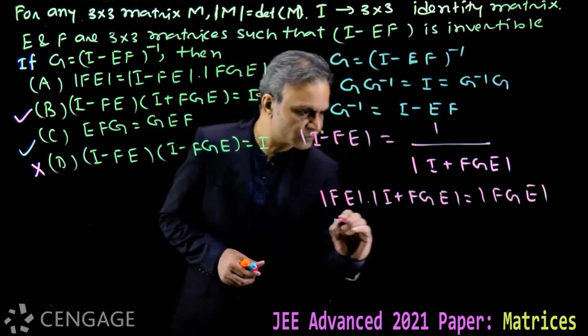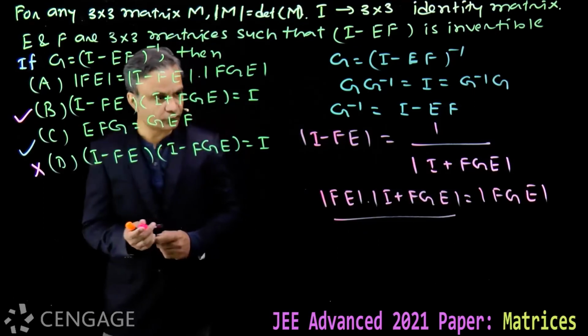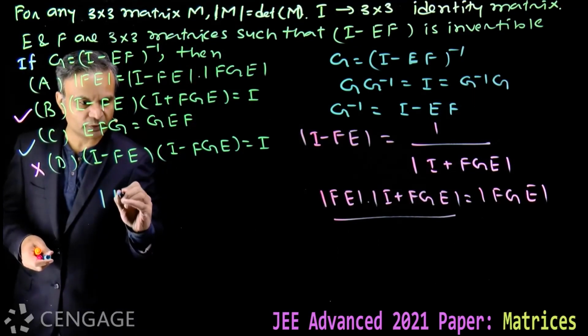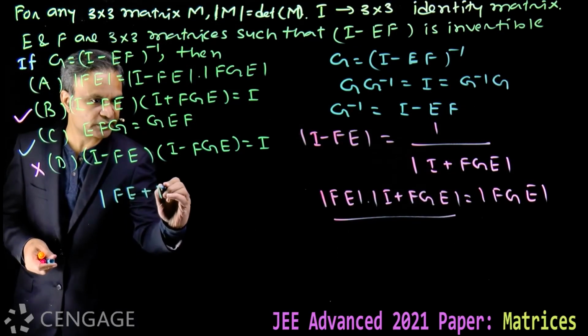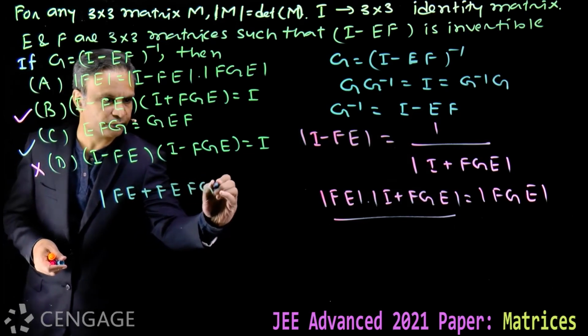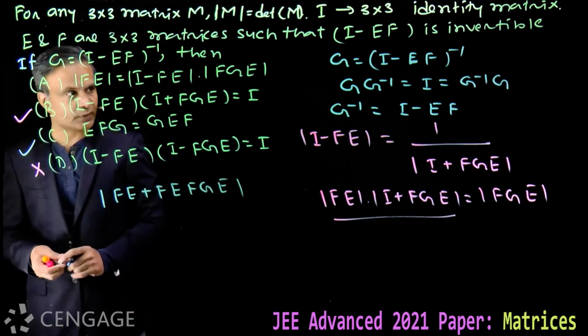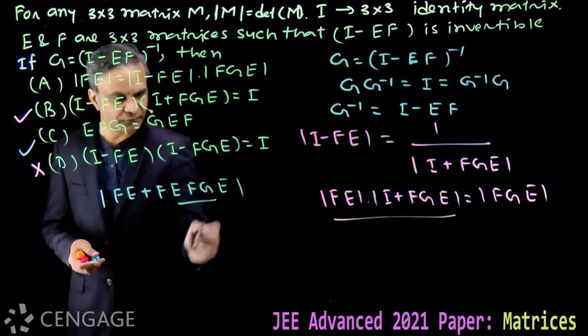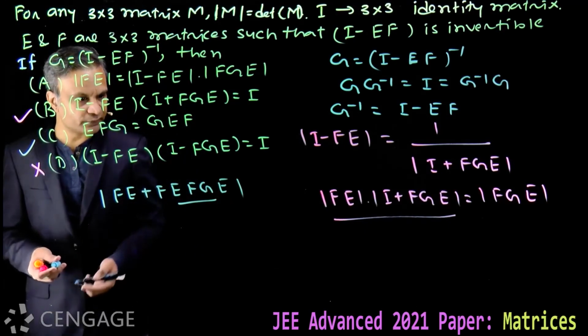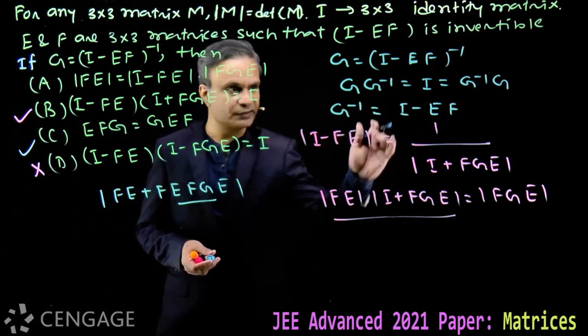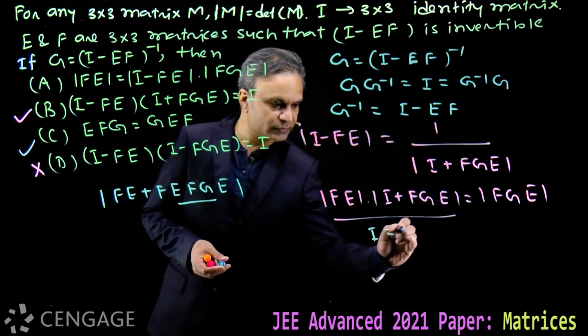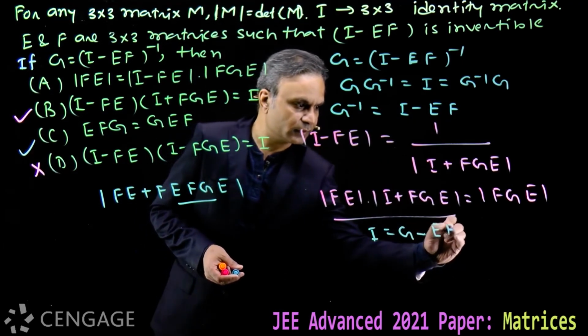Okay, now we simplify this. This product will be modulus of FE plus FE FGE. Again we have here EFG. Just now we got EFG. Multiply both sides by G. We get I is equal to G minus EFG.